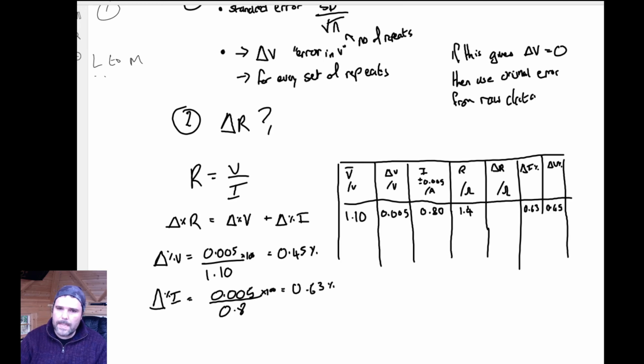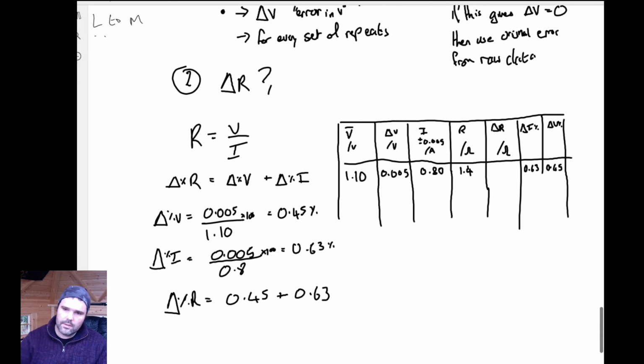Right, so then go back to, I want the percentage error in R, which is 0.45 add 0.63, which gives me 1.08% error.